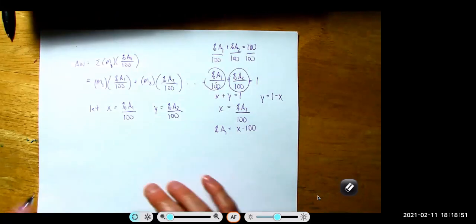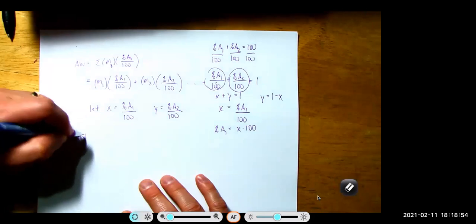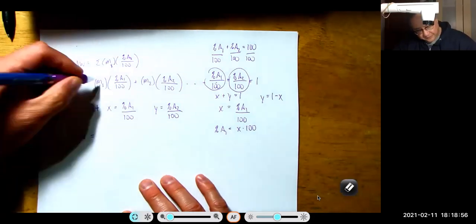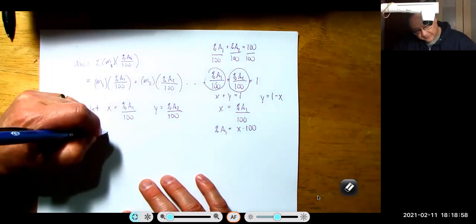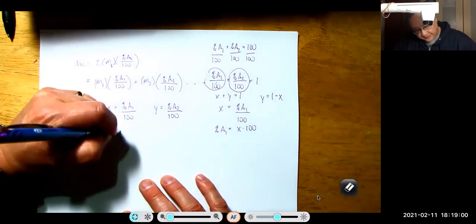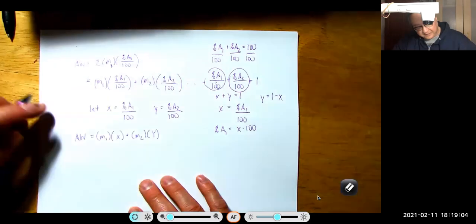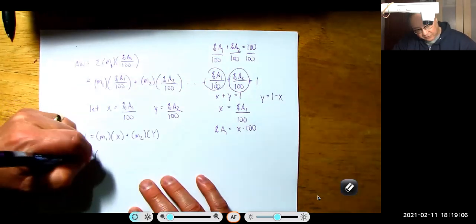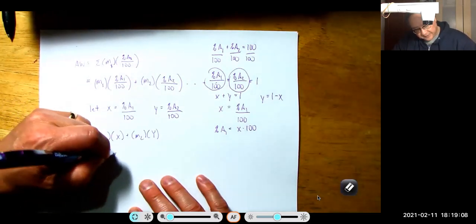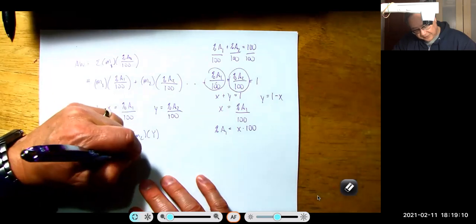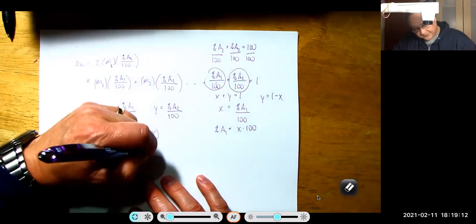So this whole thing becomes AW is equal to mass of 1 times X plus mass of 2 times Y, which is mass of 1 times X plus mass of 2 times (1 minus X).